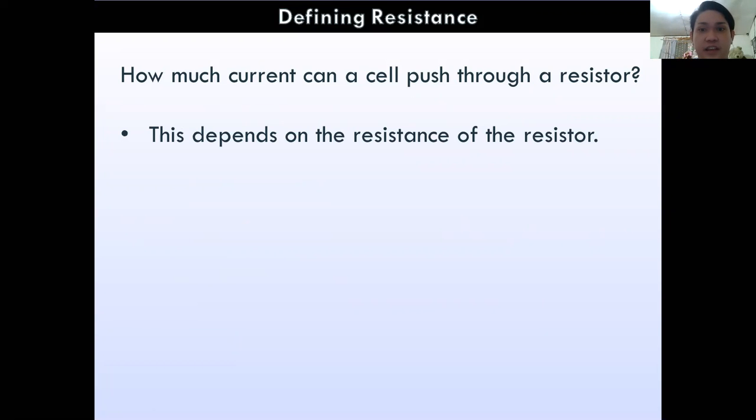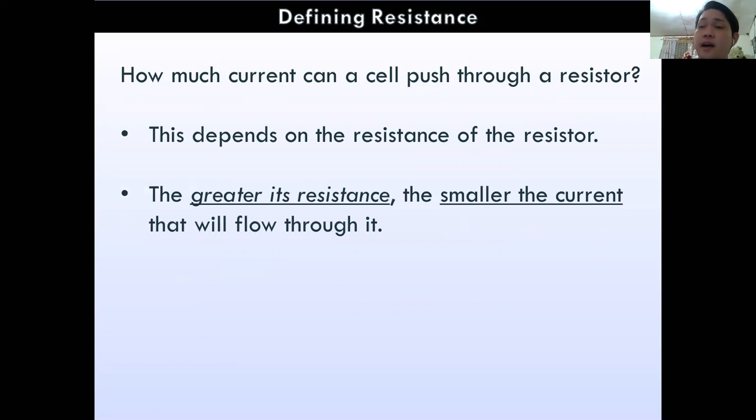That's the first thing. Next, the very important concept: the greater its resistance, the smaller the current that will flow through it.